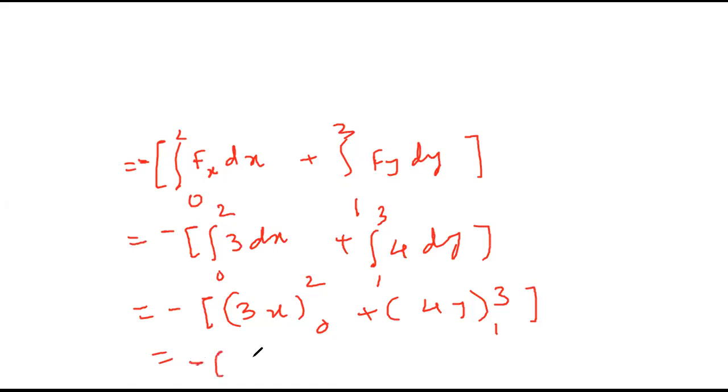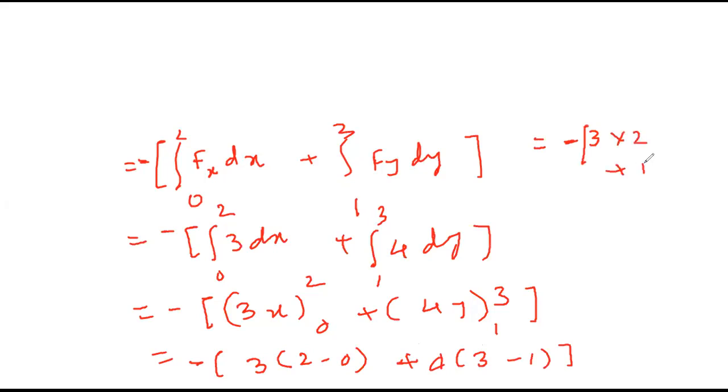So minus of 3 into (2 minus 0) plus 4 into (3 minus 1). So it will become minus of 3 into 2 plus 4 into 2. So we get minus of (6 plus 8), that is minus 14. Now U final minus U initial equals minus 14.